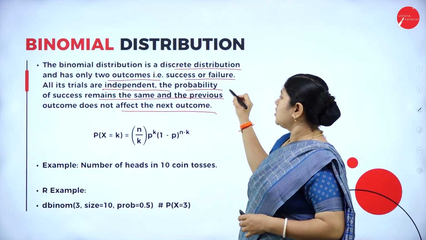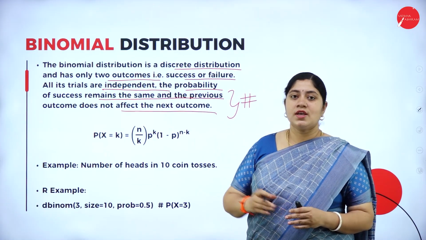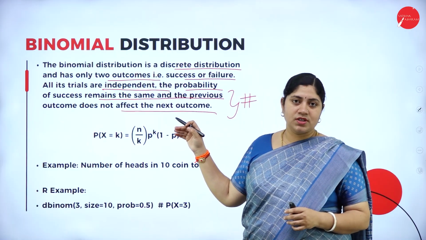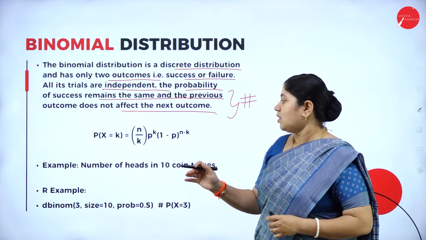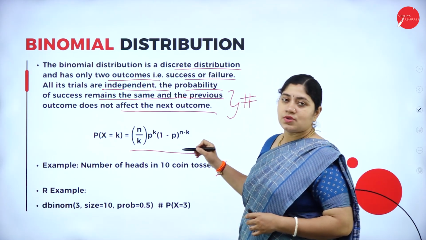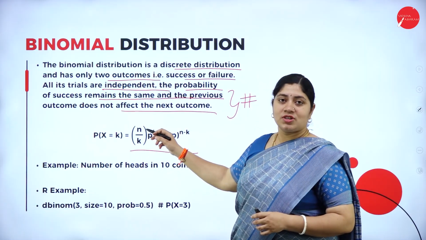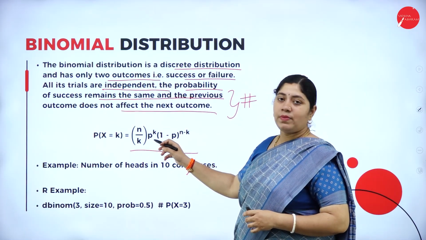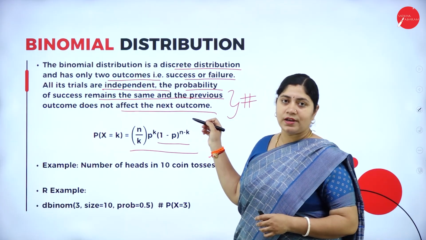So this is the main point to note, where we can say the outcome is completely independent. It is not at all dependent on your previous outcome. So now let's see the expression for that. This is the expression, P of x equals k. It gives n choose k, p to the power of k followed by 1 minus p to the power of n minus k.